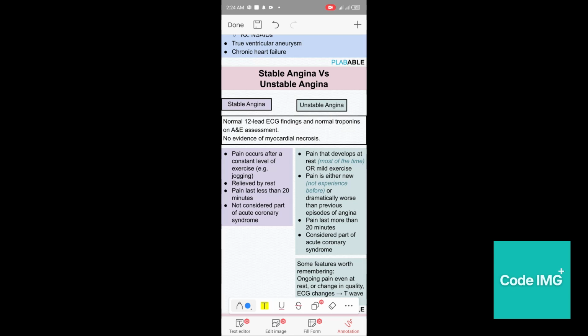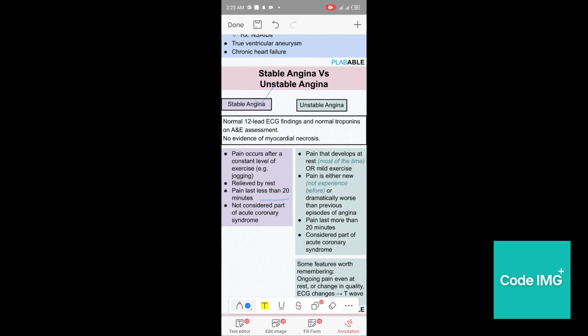In stable angina the ECG might show something only during the pain, and the pain is less than 20 minutes. This is not a part of ACS. ACS is NSTEMI, unstable angina, and STEMI.